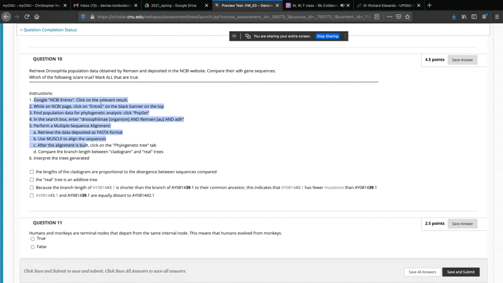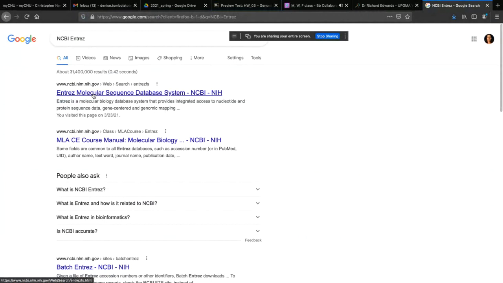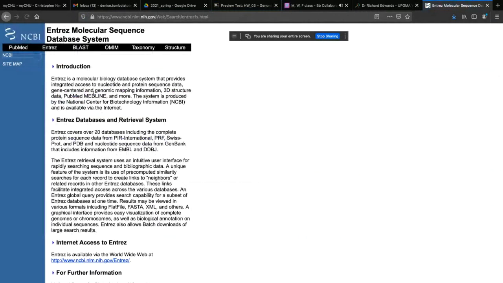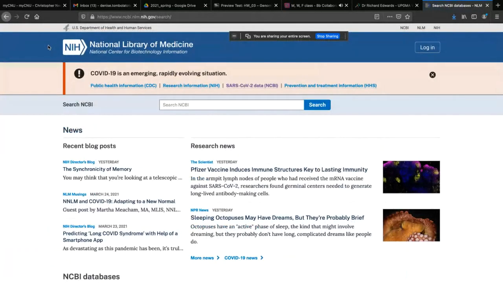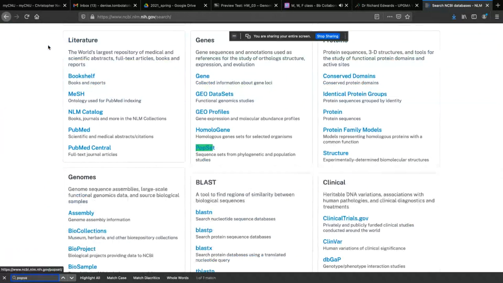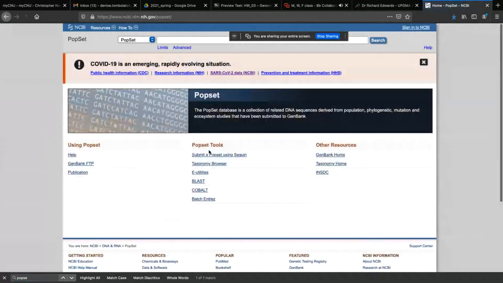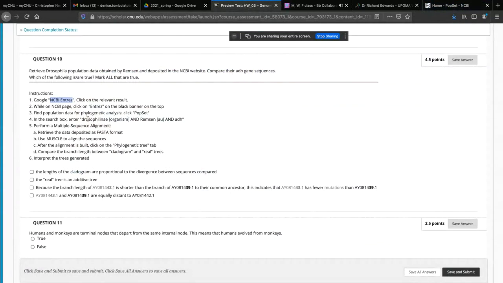All right, so we're going to go to NCBI Entrez. And then I said, click on Entrez, so it's over here. And I said, click on population set. So I just do a find for pop set because it's the fastest way. And then once I'm here, I said, I want you to search this thing.